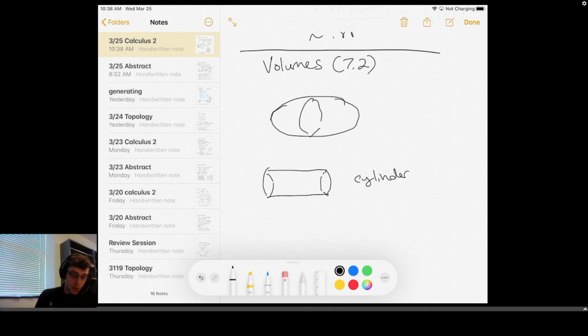Basically you want to think of a cylinder as stacking a bunch of thin slices together, that are all circles when you look at the cross section.